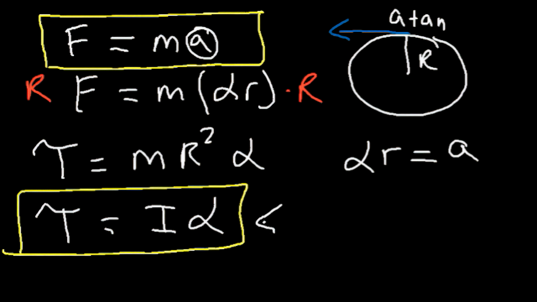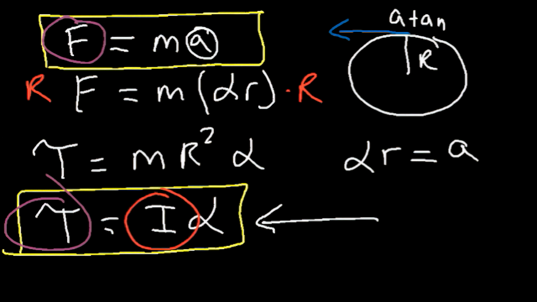The second equation is the rotational equivalent of Newton's second law. Torque is the rotational equivalent of force. Inertia is the rotational equivalent of mass. And angular acceleration is the rotational equivalent of tangential acceleration.